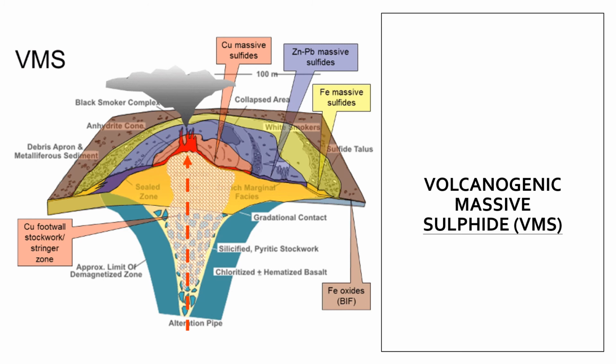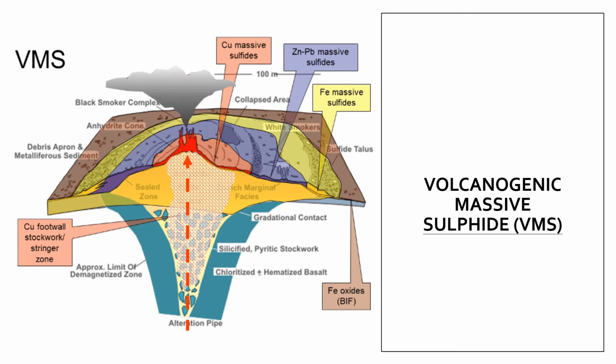VMS contain sulfides, and they have different deposits like your iron oxides in the form of banded iron formations. Okay, you also have iron massive sulfides in the outer perimeter of your VMS.